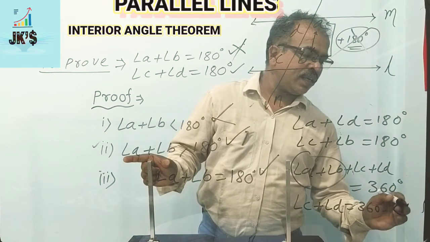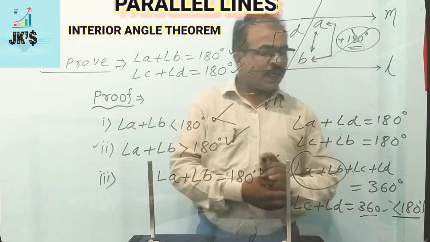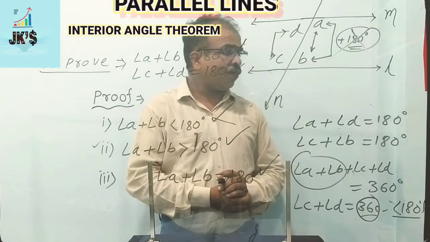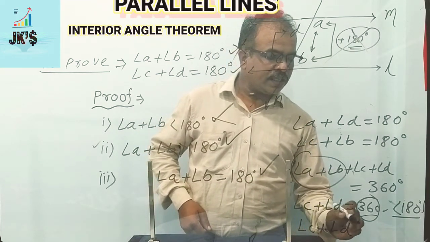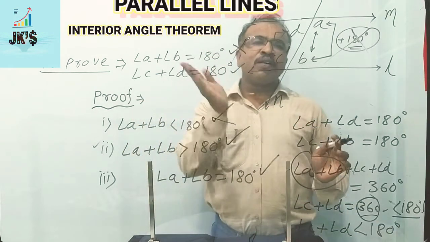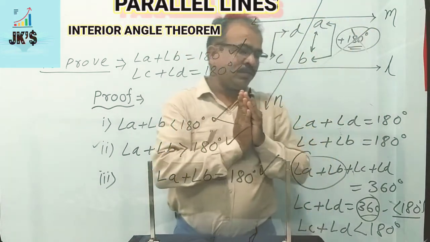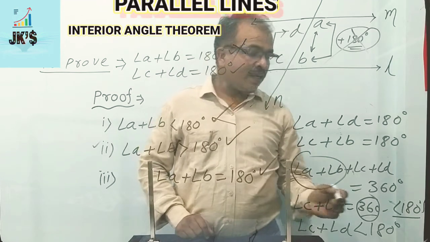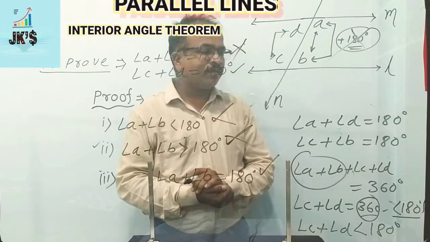If more than 180 is subtracted from 360, then this becomes less than 180. Angle C plus angle D is less than 180. If this is less than 180, then according to Euclid's postulate, these two lines intersect each other. Meaning our second consideration, angle A plus B greater than 180, is also wrong.